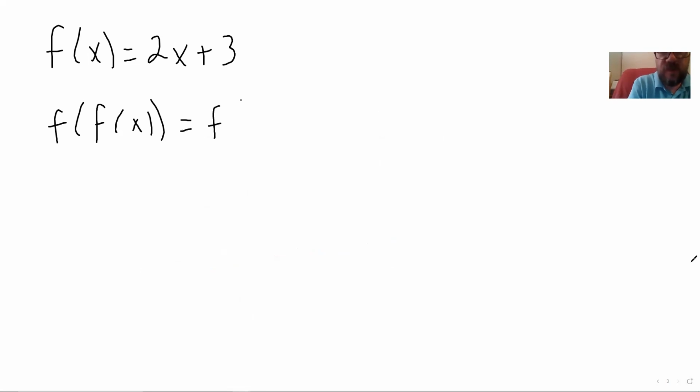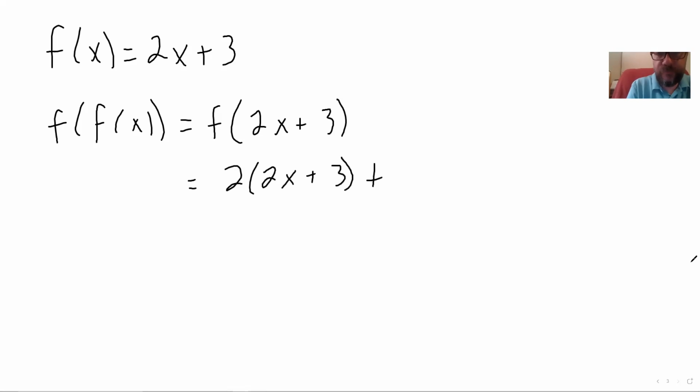So I could certainly find f of 2x plus 3, and it's sort of coincidence that f itself is 2x plus 3. That's a perfectly valid function that can go inside f. And so I get 2 times (2x plus 3) plus 3. It's 4x plus 6 plus 3, which is 4x plus 9. There we go.